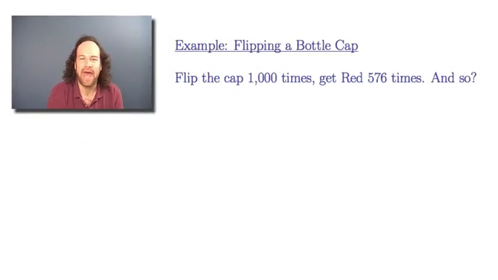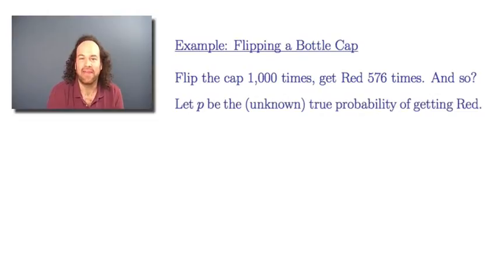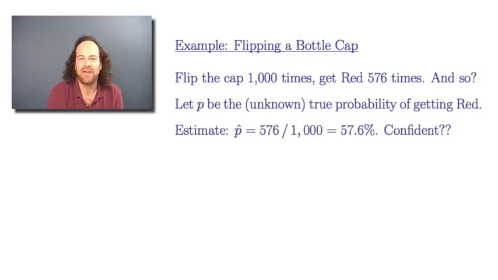If we flip a cap 1,000 times and get 576 red, what does that tell us about the true probability of getting red when you flip the cap? Well, if we let P stand for this unknown but true probability, then we could estimate P just by the proportion.